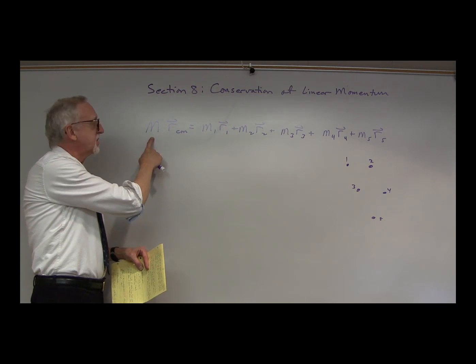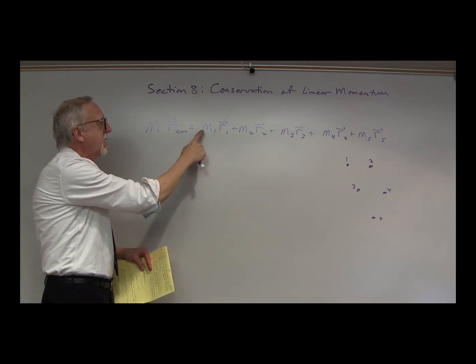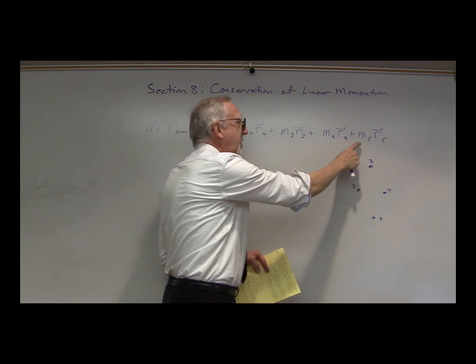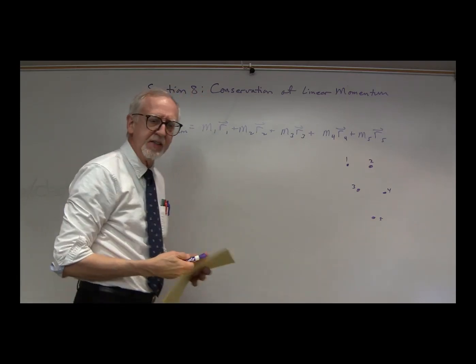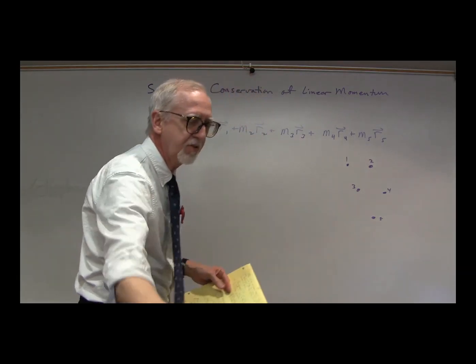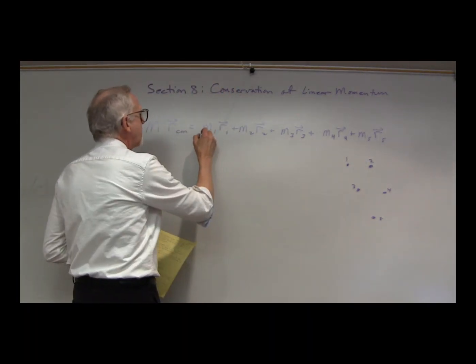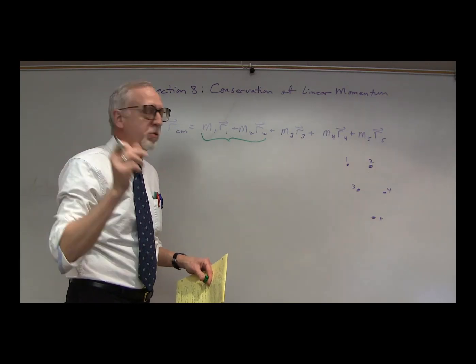The total mass, the sum of all the masses, times the position of the center of mass of the system is then m1r1 plus m2r2 plus m3r3 plus m4r4 plus m5r5. But let's just look at parts of them. What is m1r1 plus m2r2 if we just wanted to look at those two?